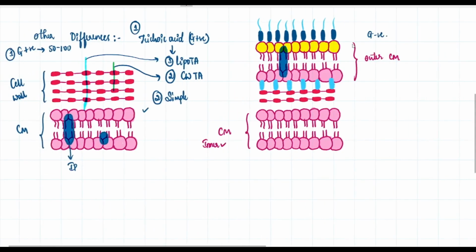Another concept is there is a gap between the cell membrane and the cell wall. This gap is called periplasmic. Peri means what? Surrounding. Plasmic means cell membrane. Around the plasma membrane, there is a small gap called the periplasmic space.